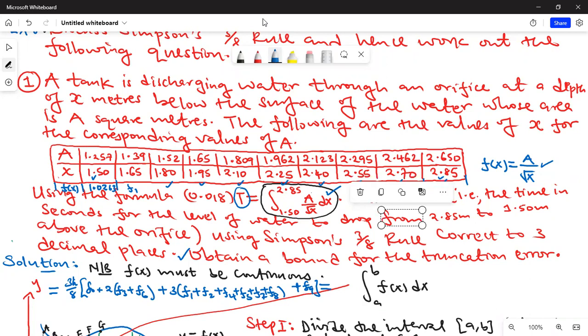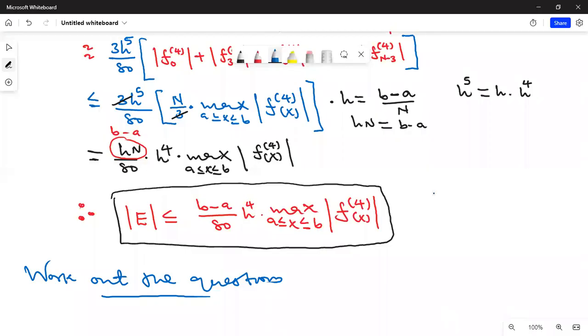Let me take you back to the formula for the truncation error bound. So you are going to substitute them here. You know the value of a, you know the value of b, you know h. And so here, the maximum you can get it, because we have said our f of x here is a over root x. So you can be able to work out and get the maximum in the interval a, b.